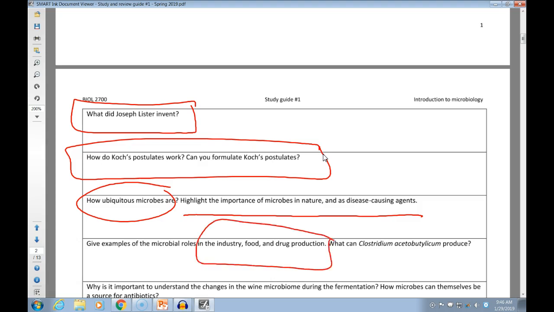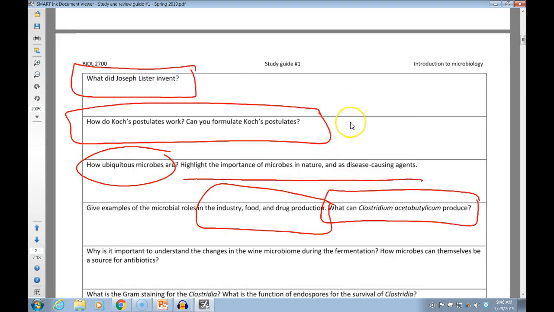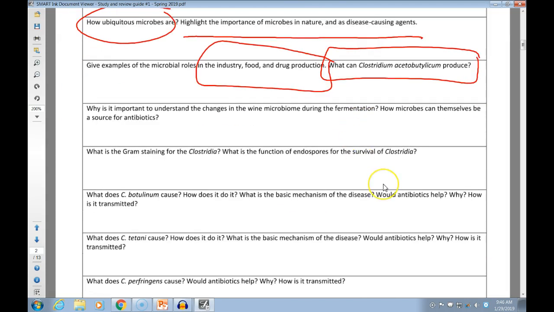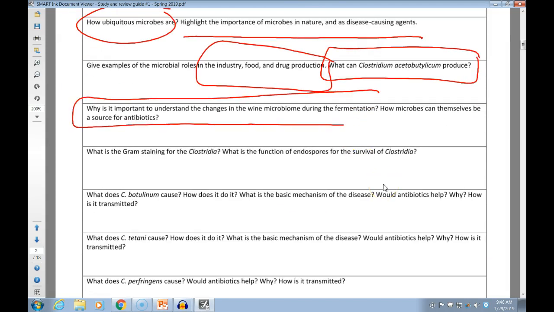Industry, food, drug production. I'm not going to ask you specific examples. It's multiple choice. Okay, just know that they play a role. That's basically it. Clostridium acetobutylicum can produce fuel. Understanding changes of wine microbiome. You can control the quality of wine.